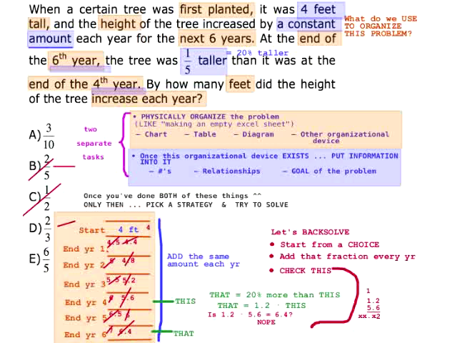So that's 4, that's 4 2/3, that's gonna be 5 1/3, that's going to be 6, this is going to be 6 2/3, this is going to be 7 1/3, and this is going to be 8. So the numbers we're working with are 6 2/3 and 8.